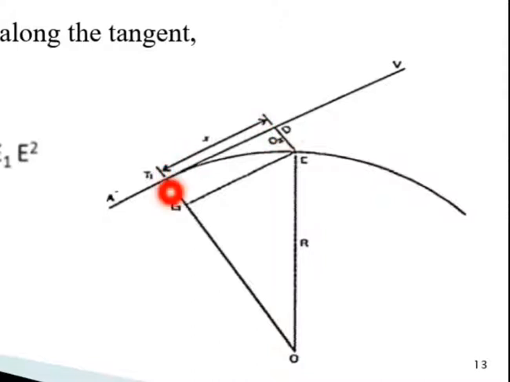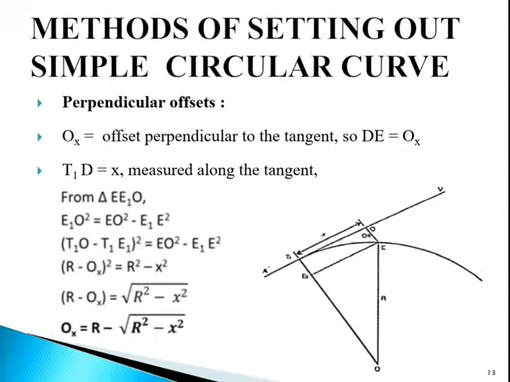From triangle E1OE, E1O square is equal to EO square minus E1E square.